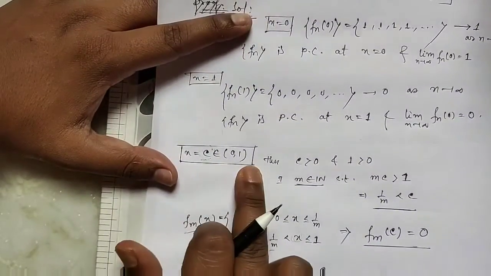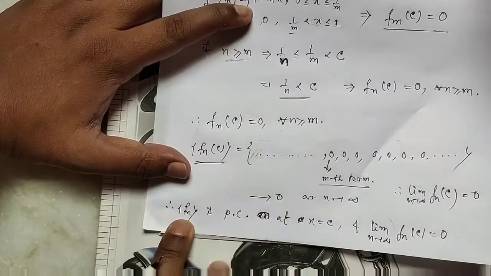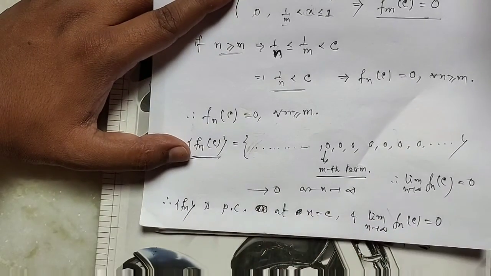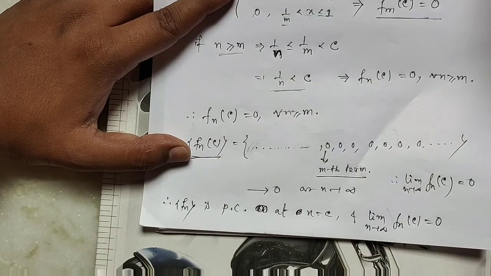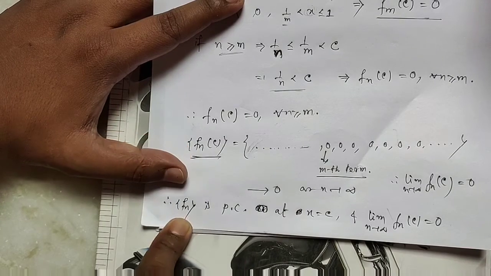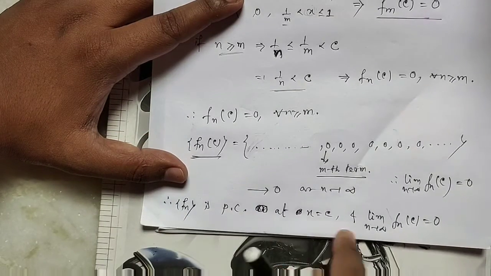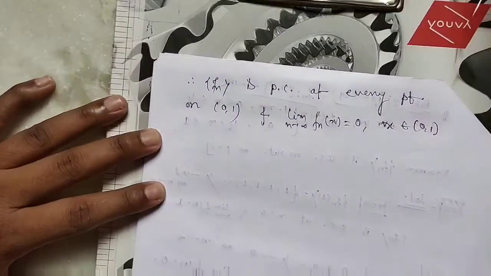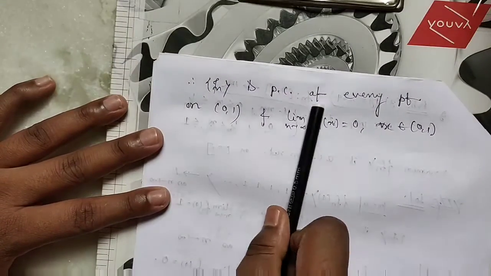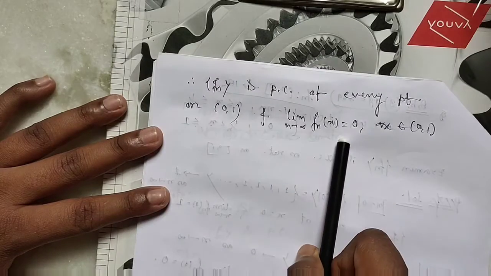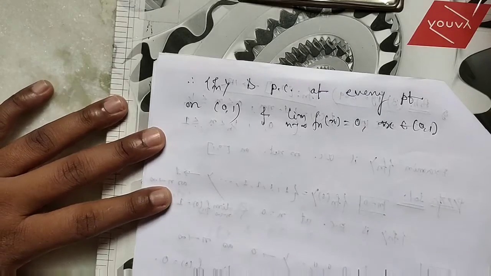Since c is arbitrary and the sequence is pointwise convergent at c with limit 0, we can take any c in (0,1). So the sequence of functions is pointwise convergent at every point on (0,1) and the limit is 0 for all x belonging to (0,1).